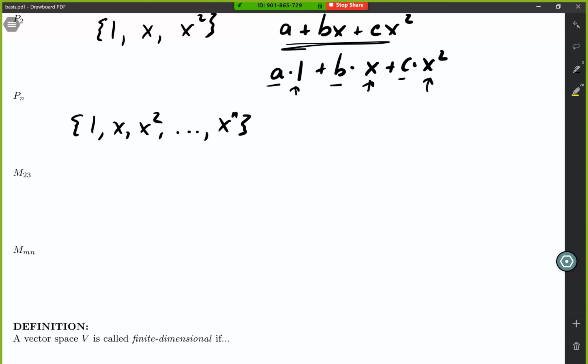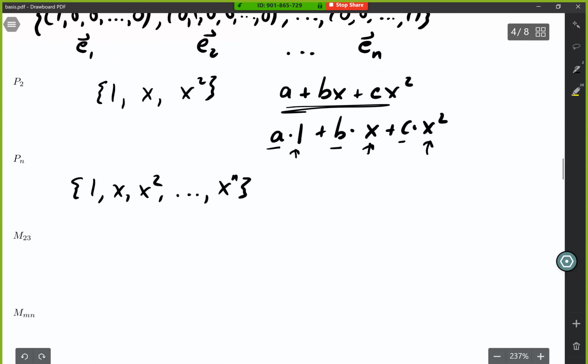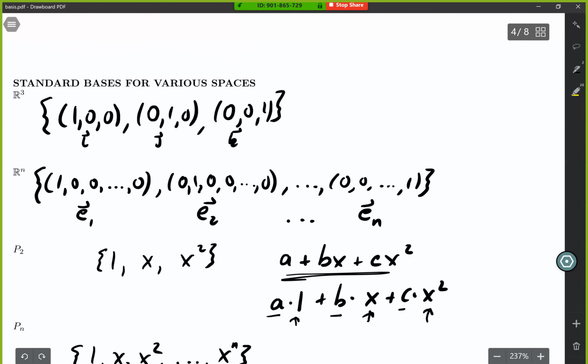So this M23 is the set of 2 by 3 matrices. Now let's think about how many we would need before we start trying to fill in what we think might be the standard bases. Okay, because this idea is leading us to the next concept of dimension. So notice that up here, when you have an arbitrary vector in R3, I have 3 places that I have to fill, right?